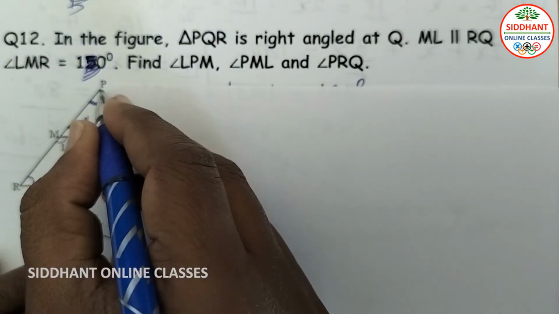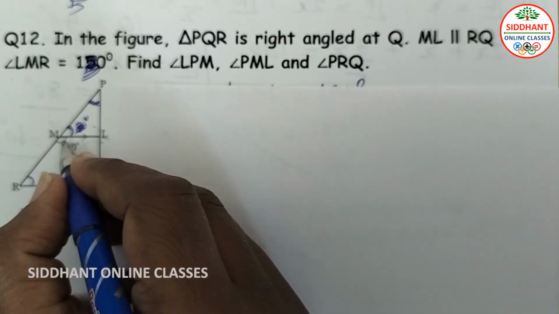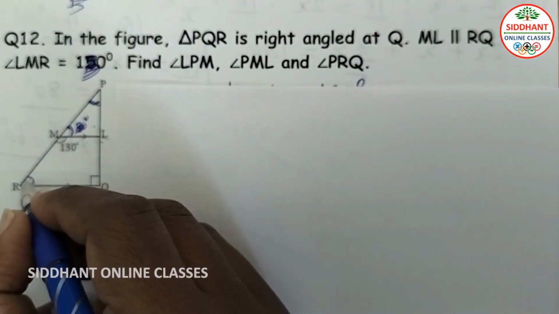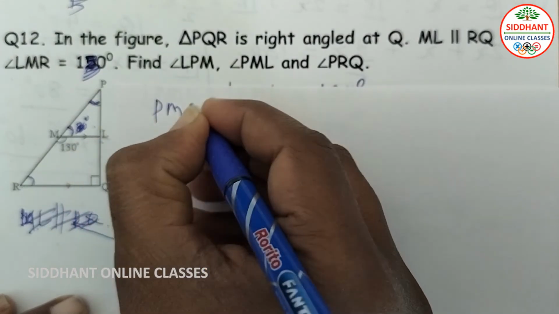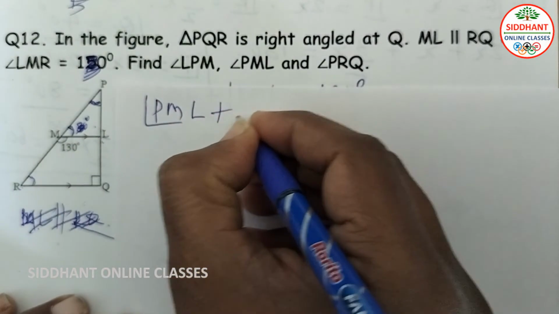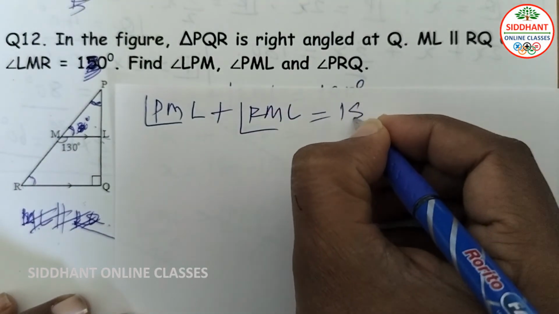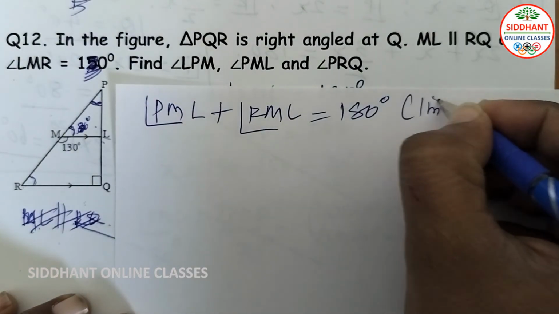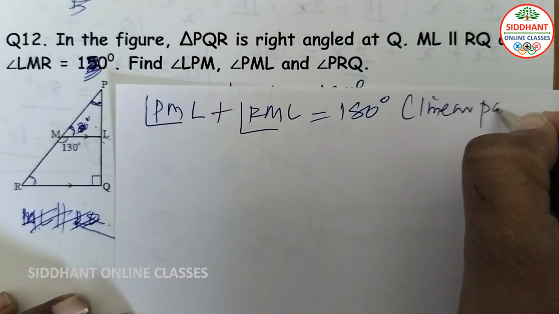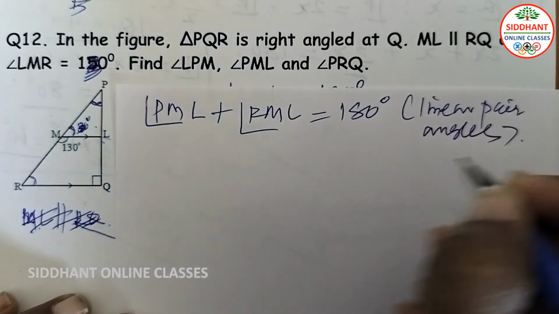So when you look at this triangle here, angle PML and angle RML add up to 180 degrees, because these two are linear pair angles.